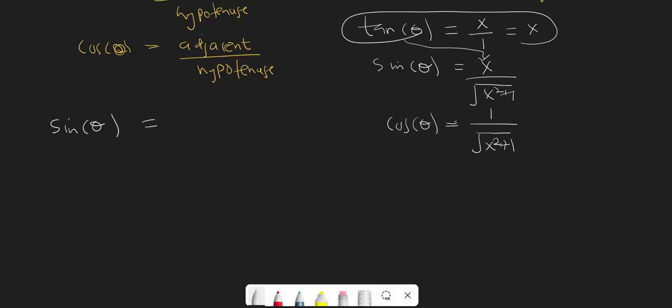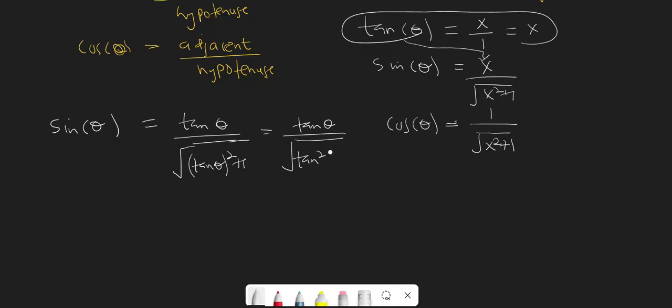So sine theta is equal to tan theta over the square root of tan squared theta plus 1.